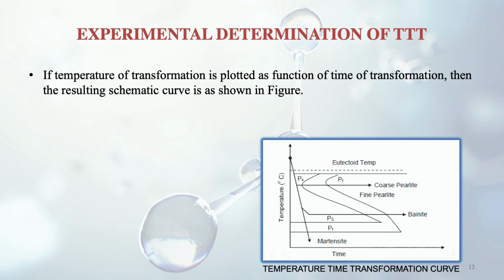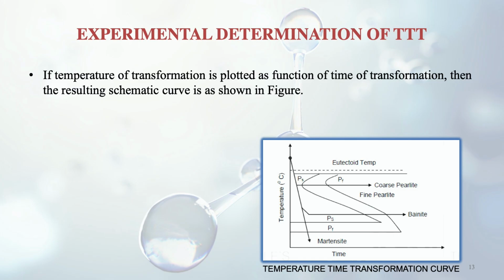Here you see temperature on the y-axis and time on the x-axis. The starting of the transformation is given by the line marked as PS, shown here by the red arrow, and the finishing of the transformation is given by the line marked as PF, shown here by the green arrow.